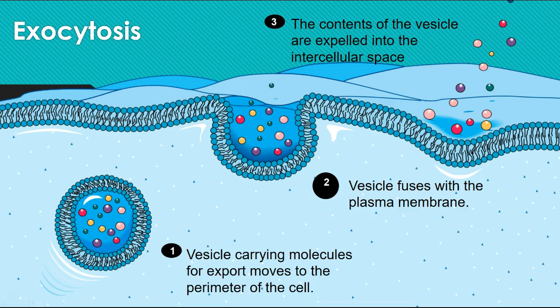These could be waste products, or other materials that are needed elsewhere in the body, and it carries it to the perimeter of the cell. The vesicle membrane then bonds with the cell membrane, and this allows an opening to occur on the outside of the cell that then releases the contents of the vesicle into the extracellular environment to either be excreted as waste or transported somewhere else.